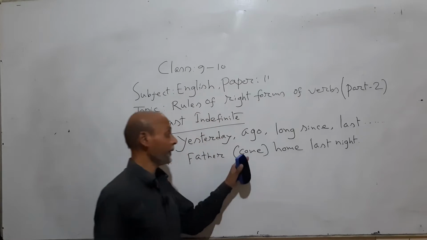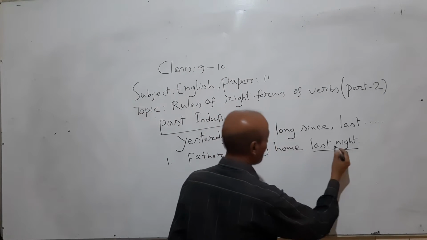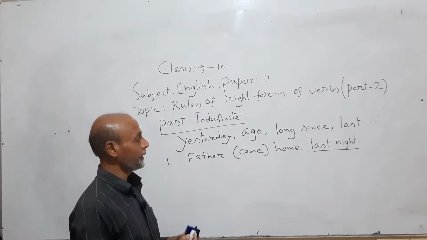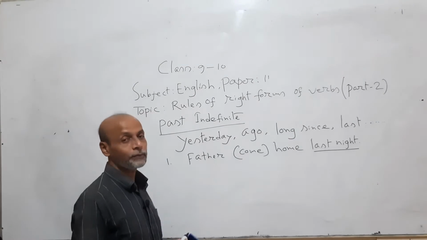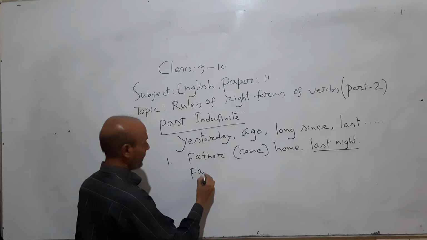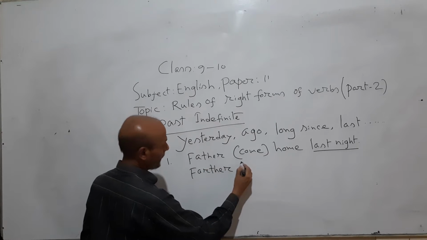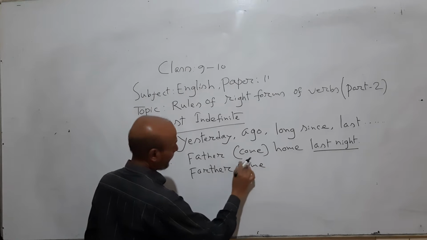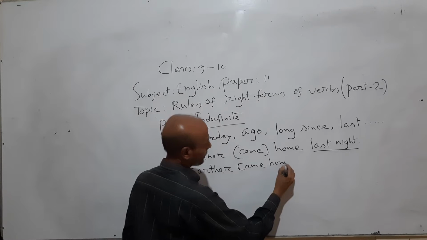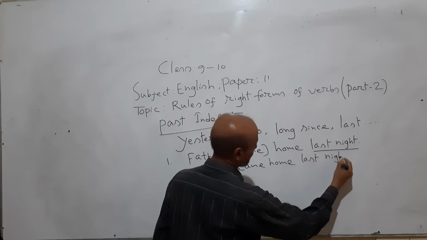So, what will you write here? As we have last night here, it indicates first indefinite. This means the action of the verb finished before. We have to write father came. Father came home last night.